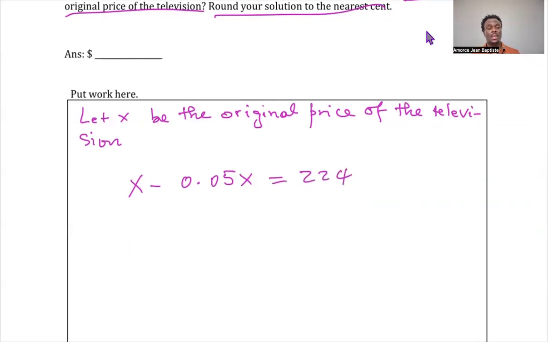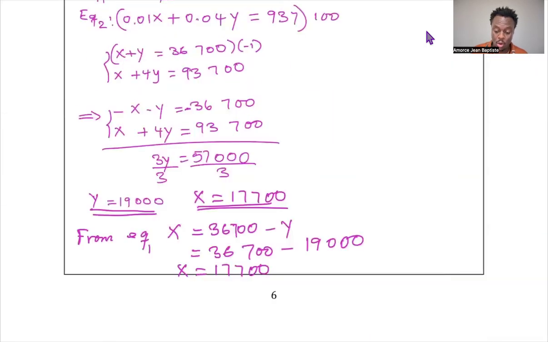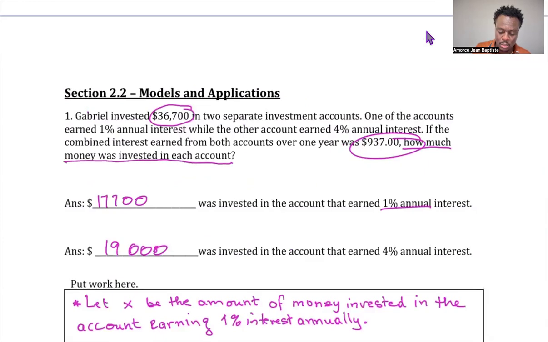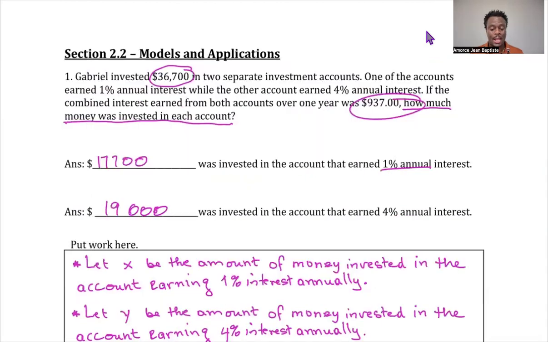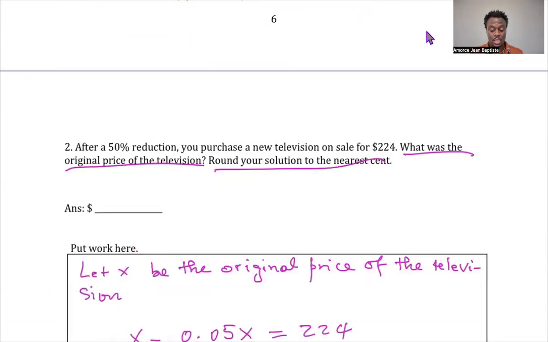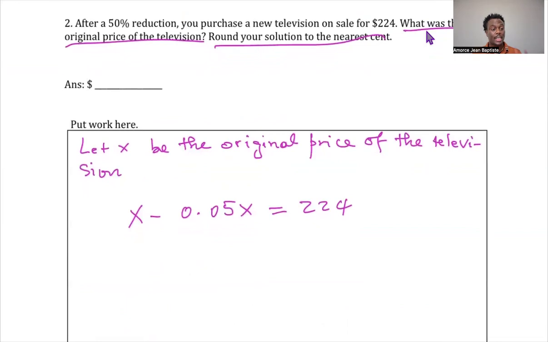Well, some of you may say, obviously the price was, and then you do something mental and give it to me. No. We're solving, that's why we call this section model and application. This is not a mental calculus section. It's a section where you need to set up your equation, then solve it. If you think you can just manipulate with your calculator and get the answer, you don't show work.